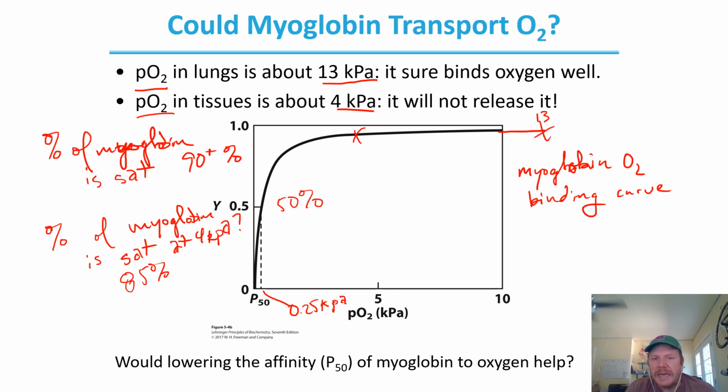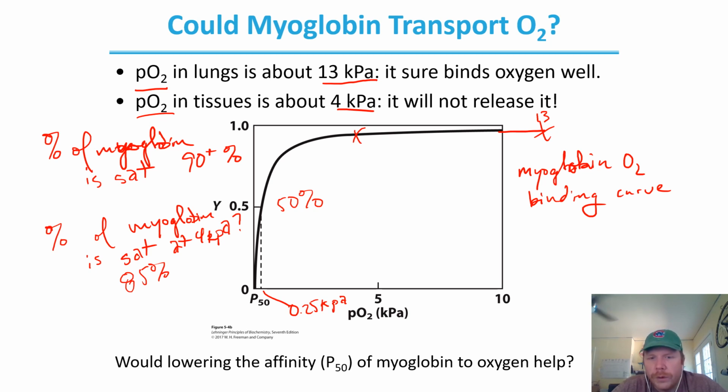Now, the P50 is an indicator of affinity. Think about it like this: the lower the P50 is, the higher the affinity that myoglobin has for oxygen.